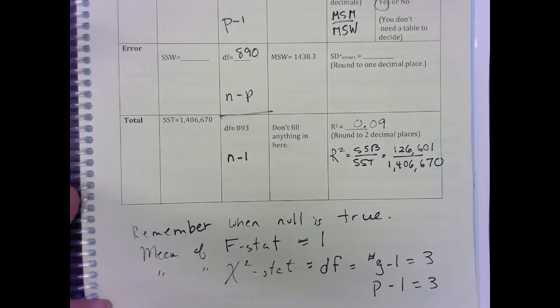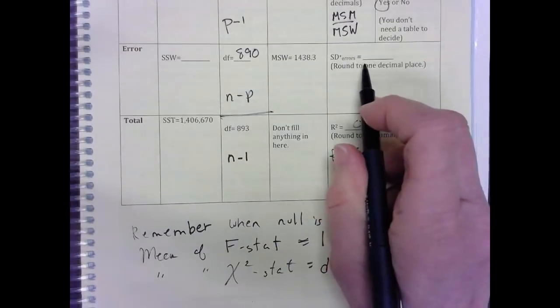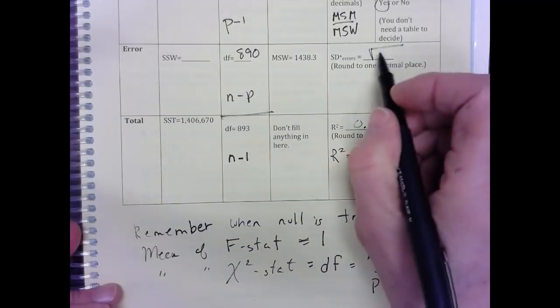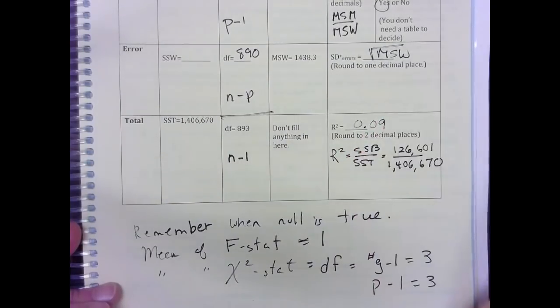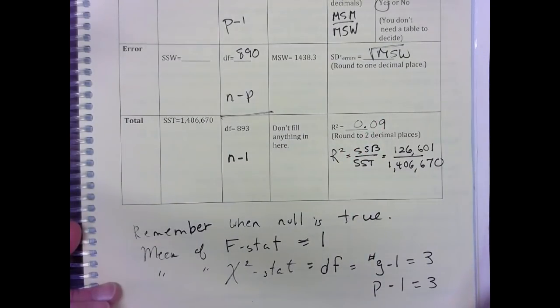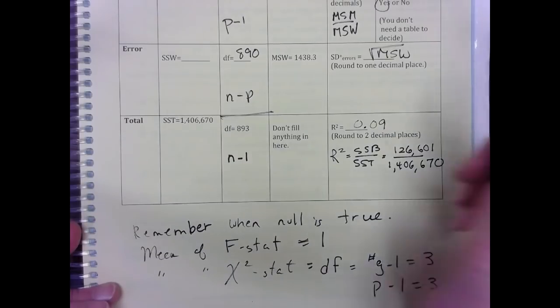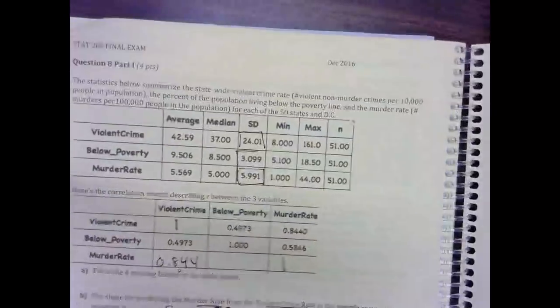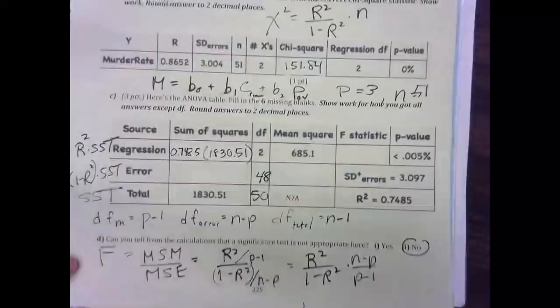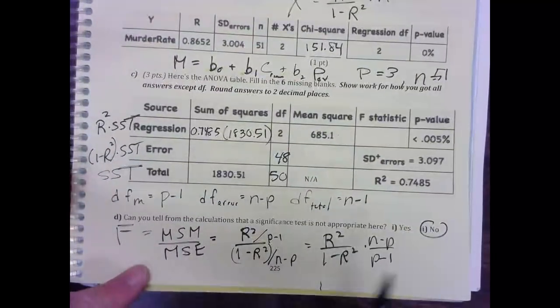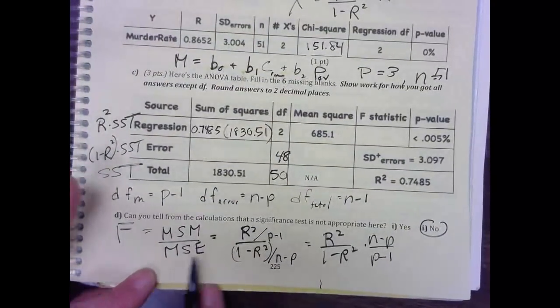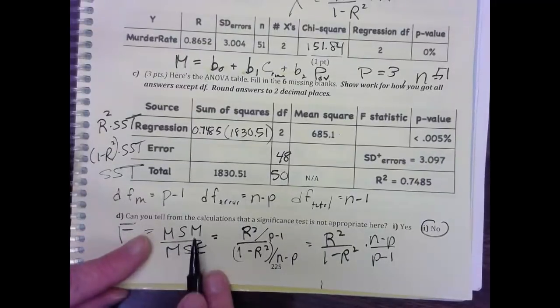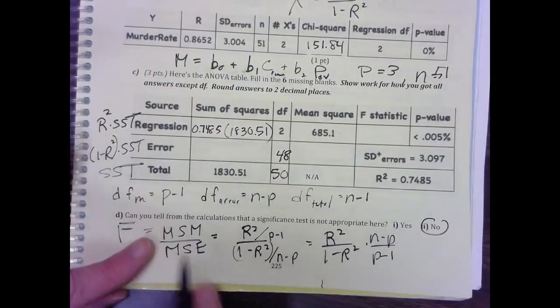Okay, so let's see what else we need to do here. This is just going to be the square root of the mean square within. And I think that's pretty much it here. As we said before on the previous page, this F ratio, we did it back on page 225, is exactly the mean square model over the mean square error, or the mean square between over the mean square within for groups.